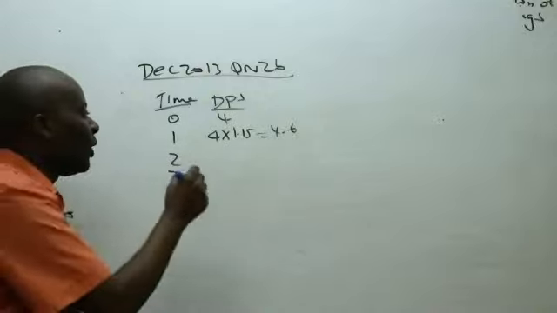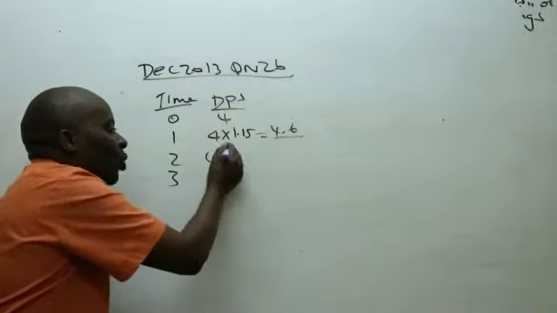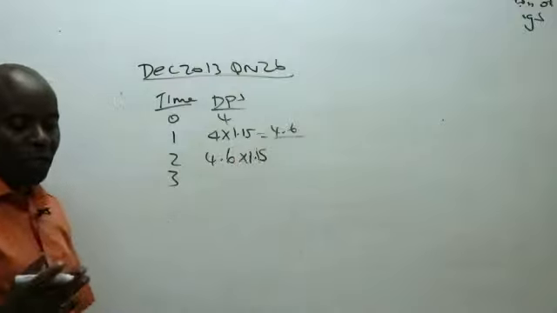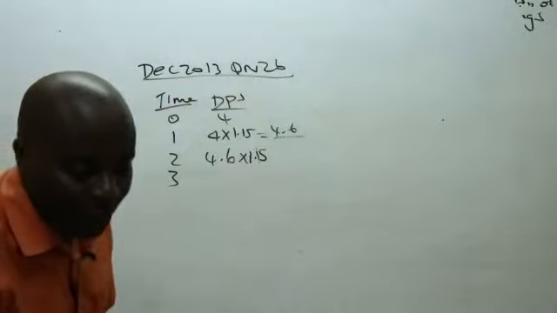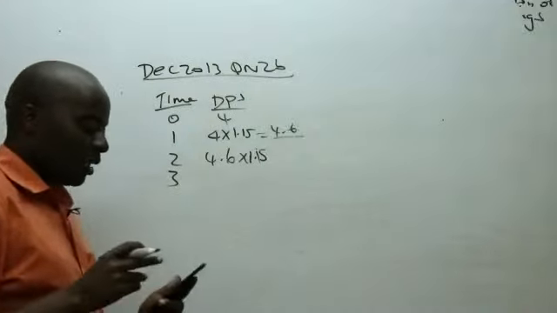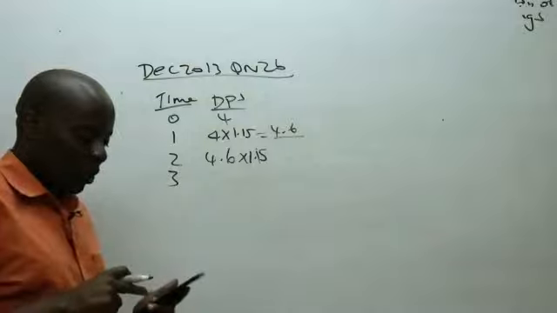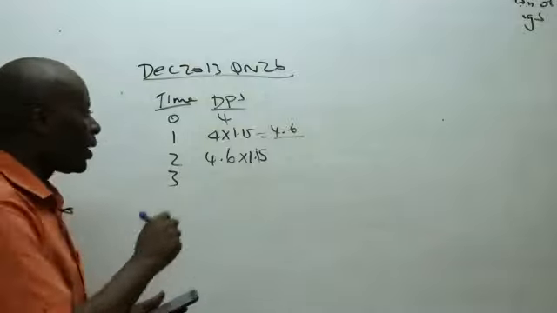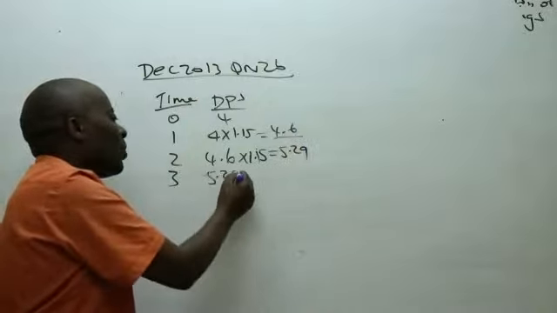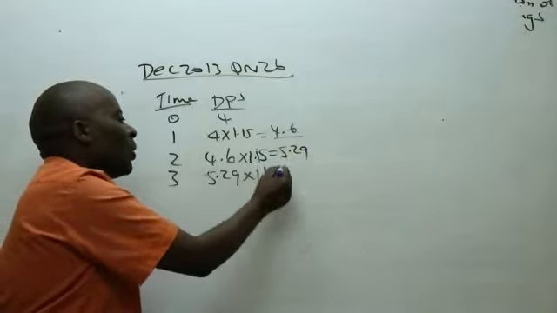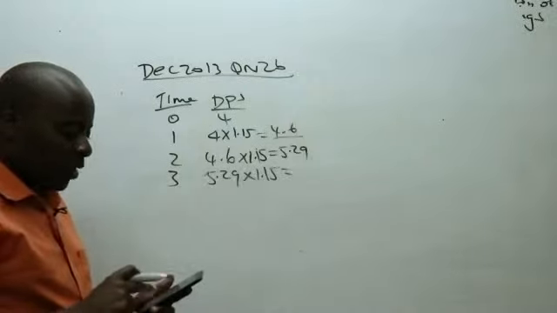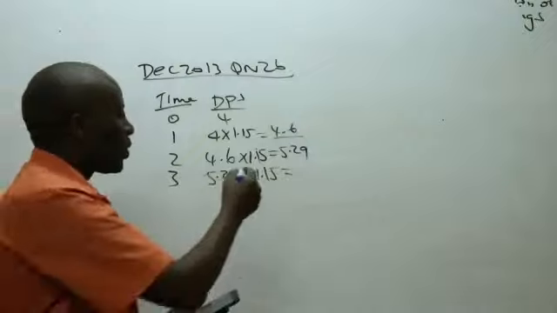Then I go to year 2, I'll have this 4.6 growing again by the same percentage, because they told us 15% is for the first 3 years. So 4.6 times 1.15 gives us 5.29. From there, again, this 5.29 must be multiplied with 1.15, which will end up giving us 6.08.